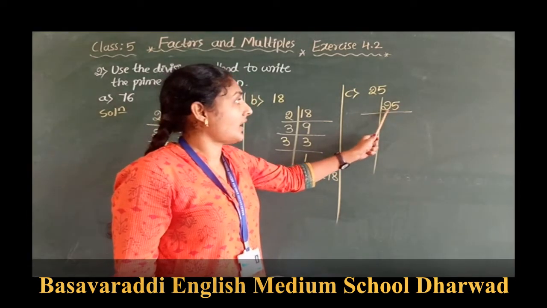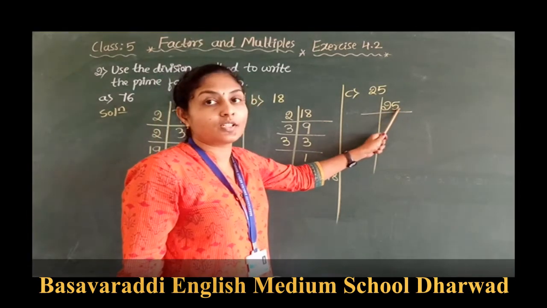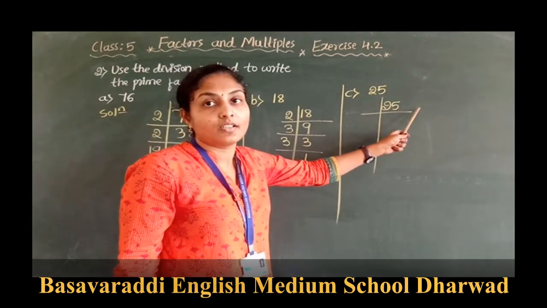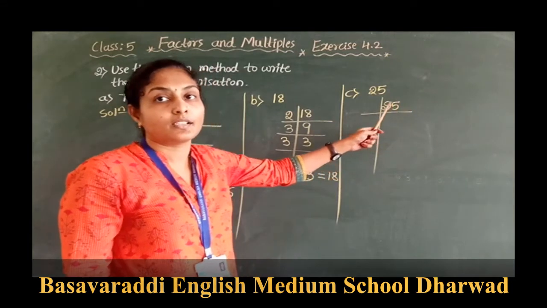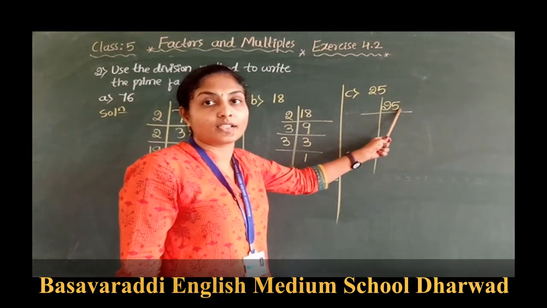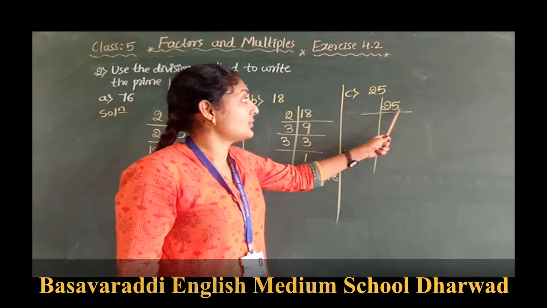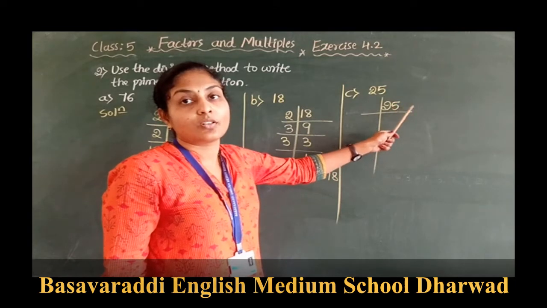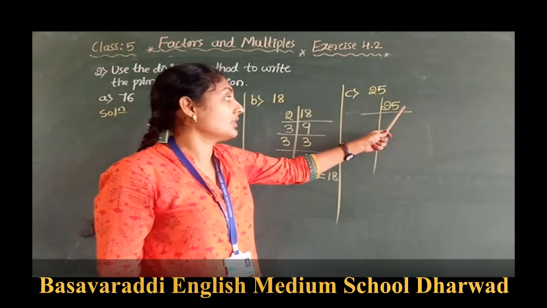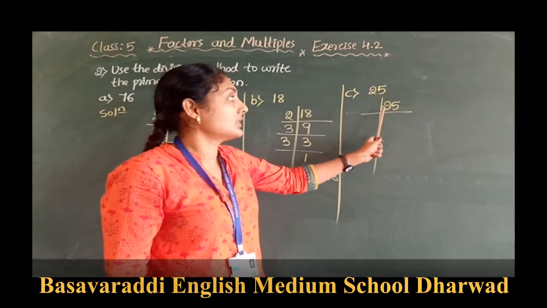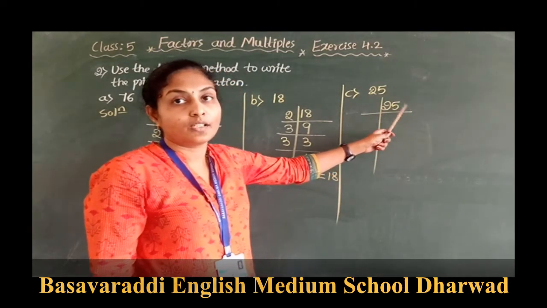Because the sum of the digits must be divisible by 3. So 2 plus 5 we get 7. The 7 is not divisible by 3. Next, divisibility by 4: apply the fourth rule, the last two digits must be divisible by 4. 25 is not in the table of 4, so 25 is not divisible by 4.